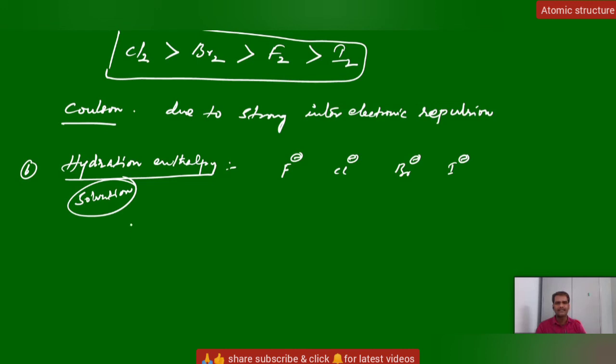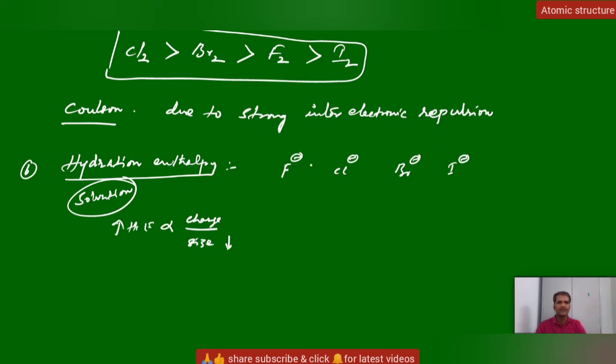So hydration energy. We know that hydration energy is directly proportional to the charge present on the ion divided by the size of the ion. Anyhow, the charge is the same in all cases, negative charge, and size. So as the size increases, hydration energy decreases. Size decreases, hydration energy increases. If the size of the ion decreases, hydration energy increases.